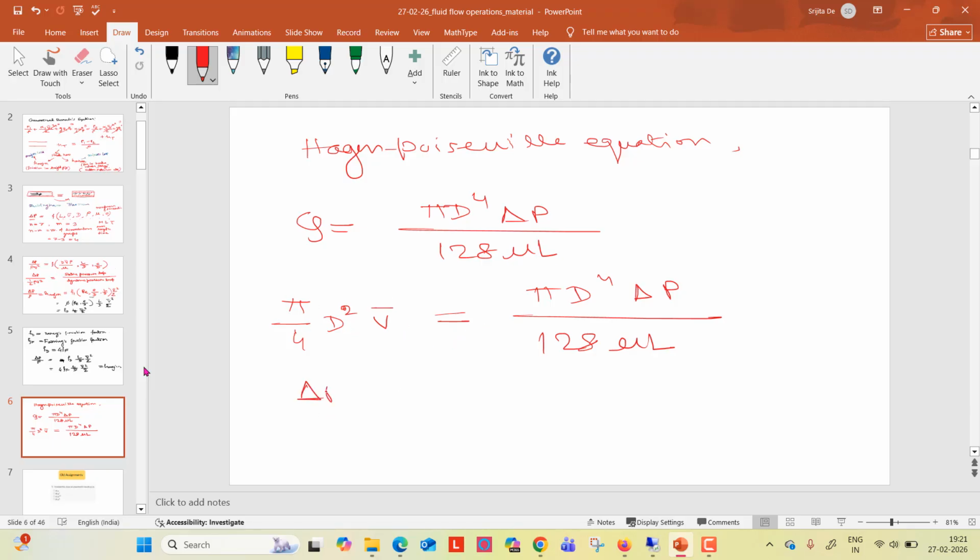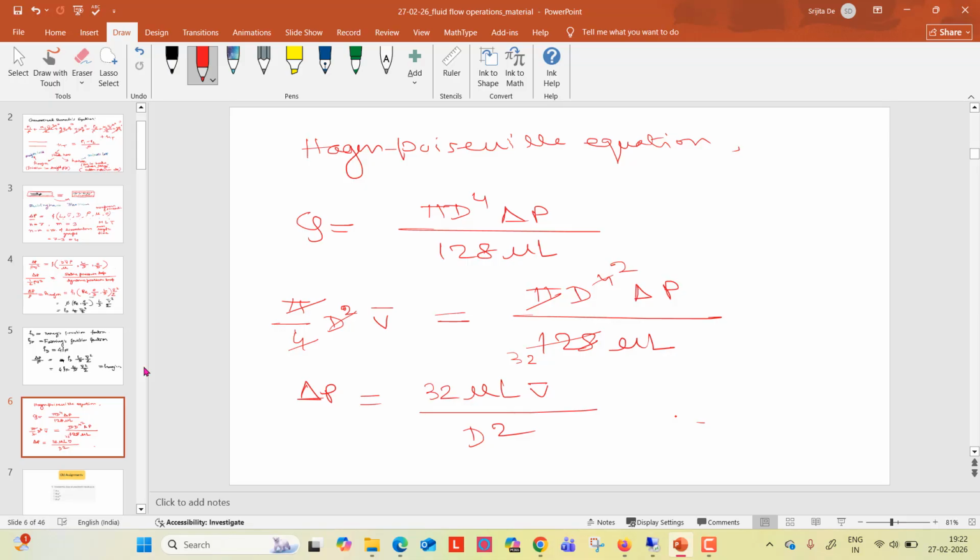Delta P comes as, if you remember, pi will cancel out, d square is left, and 4 into 32. So delta P is your 32 mu L V divided by d square.